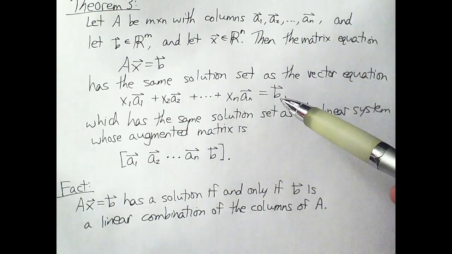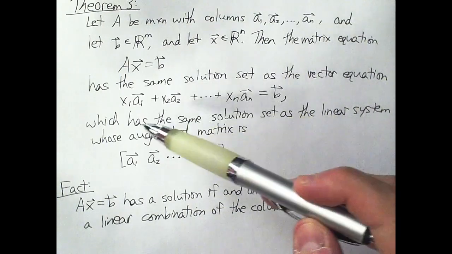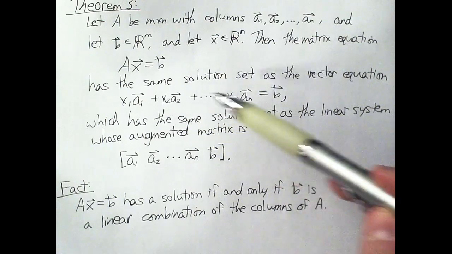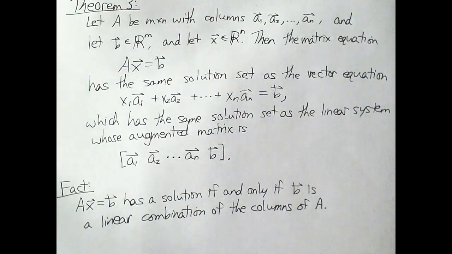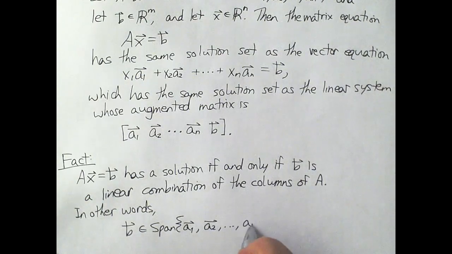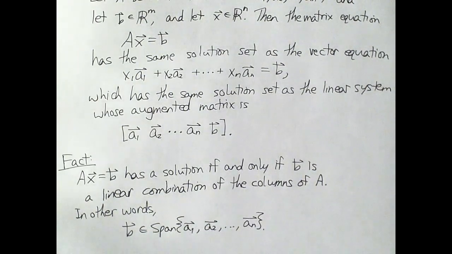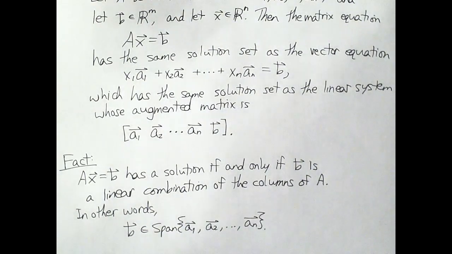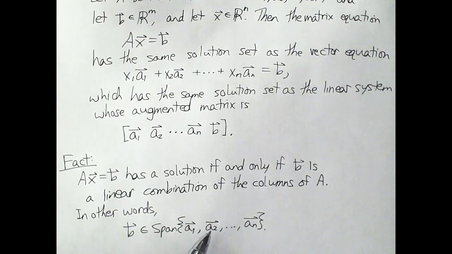B is a linear combination of A1, A2, A3, etc., with weights x1, x2, x3, etc. In other words, what's another way we can say this? In other words, B is in the span of A1, A2, all the way up to AN. Because remember, what does span mean? Span means the set of all linear combinations of those column vectors. So if B is a linear combination of those columns, then it is in this set.